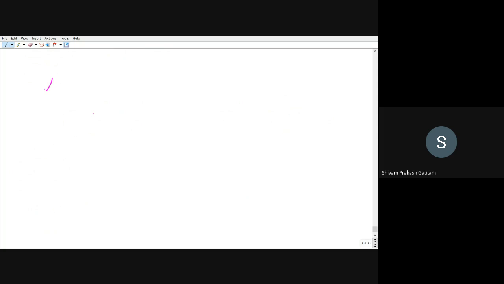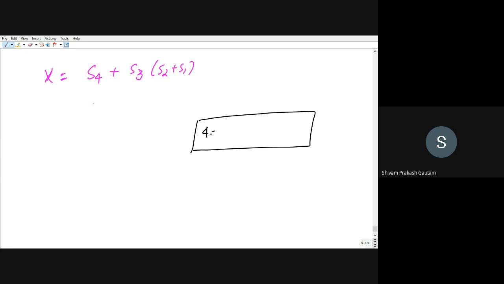Okay. So our X logic was coming as S4 plus S3, S2 and S1. Now we have to implement this logic, right? So just pay attention. We are having a 4-bit parallel adder, and the name of the IC I have told you, that is 74LS83. There can be many more ICs, right? So in one end there is one input, there is another input in this end.